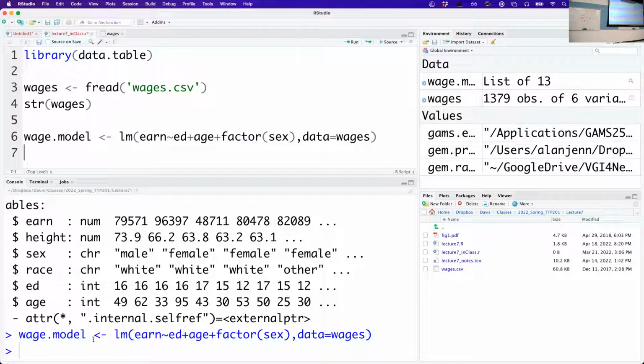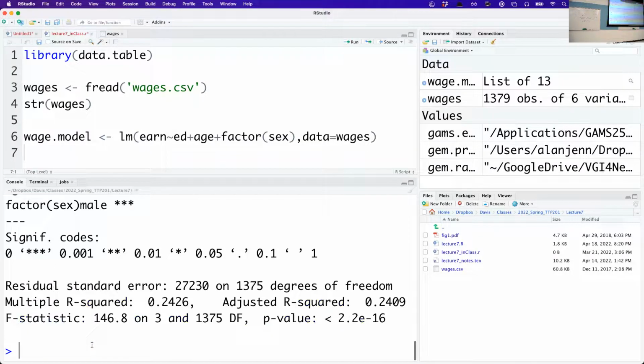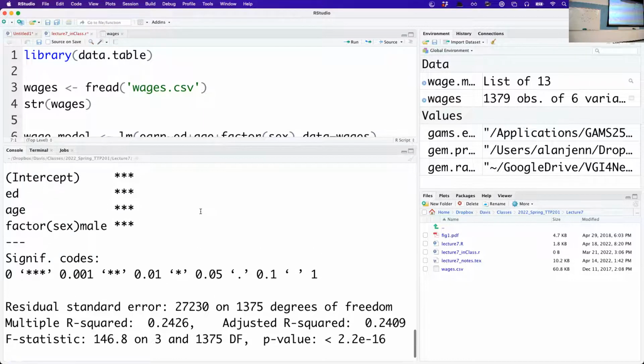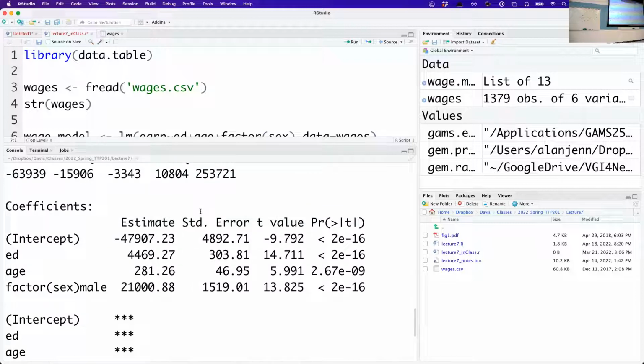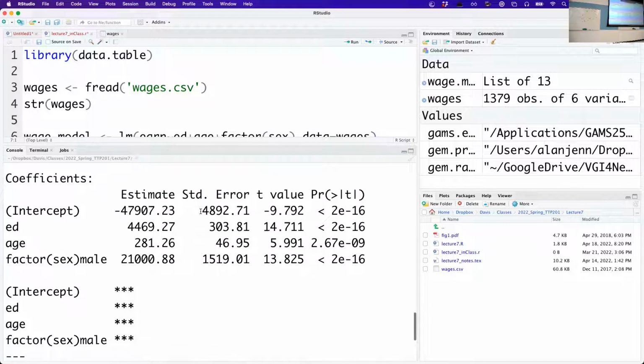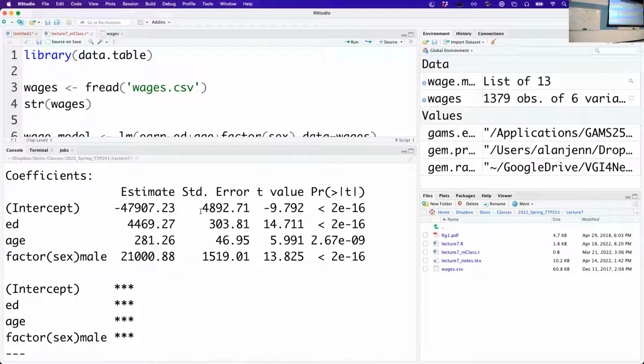And let's take a look at the results. Summary wage.model. Okay, so these are going to be the main set of results that we care about.